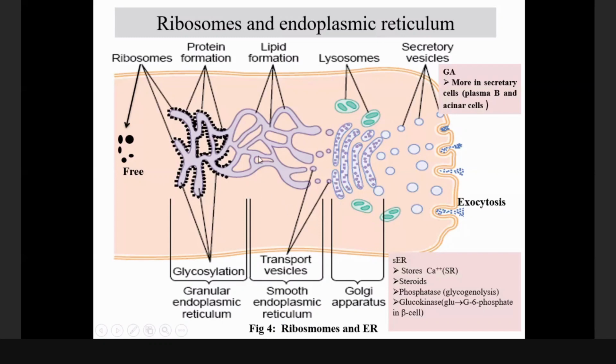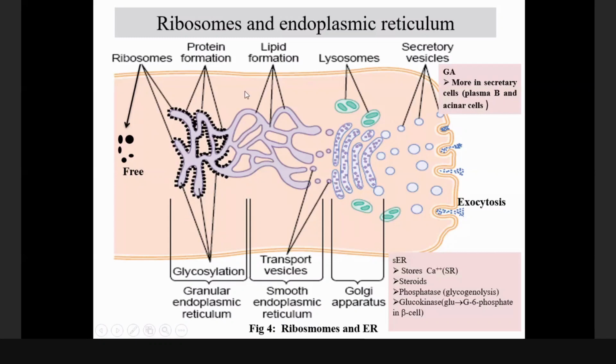It's called the endoplasmic reticulum, and it can be rough if it is combined with ribosomes. Rough endoplasmic reticulum, also called granular endoplasmic reticulum because of its granular structure, has ribosomes combined with the endoplasmic reticulum.